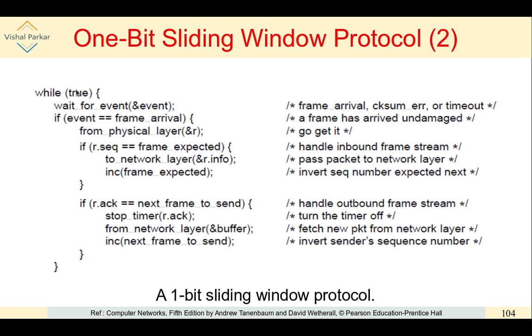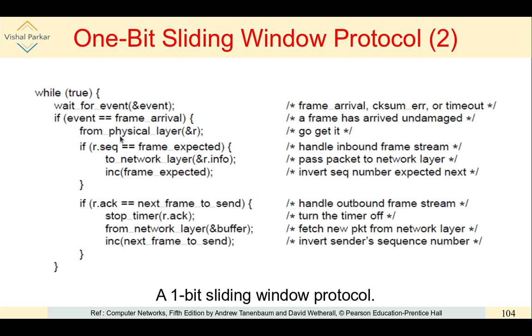Now in an infinite loop, there will be a wait for the event. So three possible events are there: frame arrival, checksum error, or timeout, as we have seen previously. So if the event is equal to frame arrival, that means a successful frame arrival is there. Frame arrives without any error.